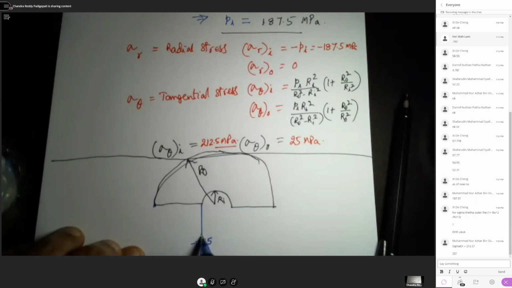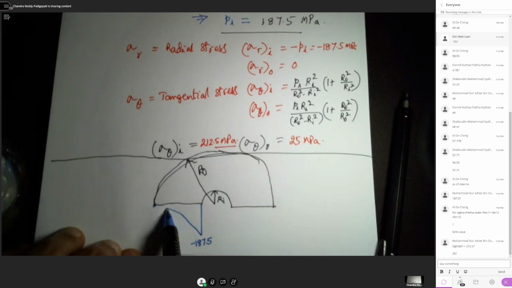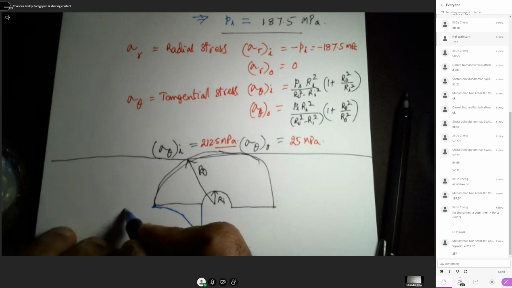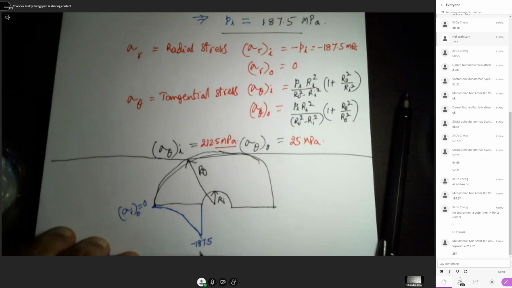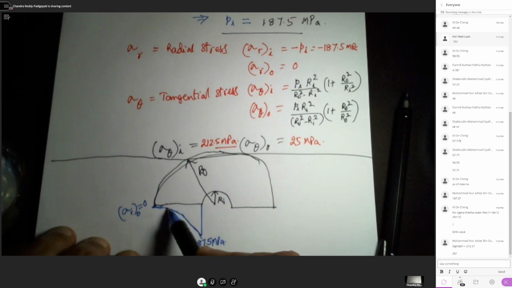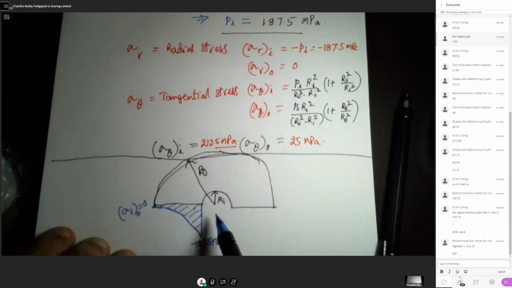So you can just join these two. This is how the radial stress varies. At the inner radius it is negative 187.5 megapascals, which is the negative of the inner pressure. At the outer radius, it will be 0.